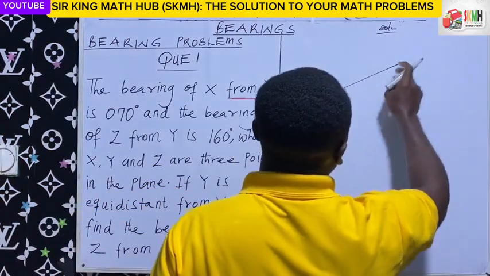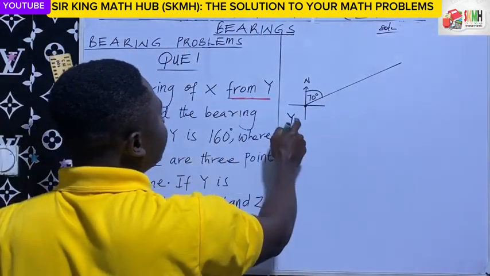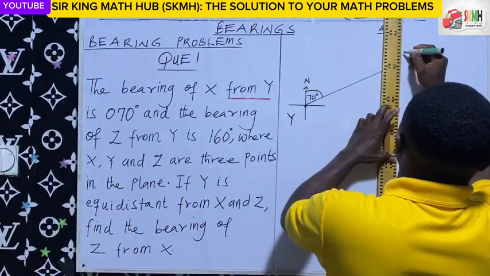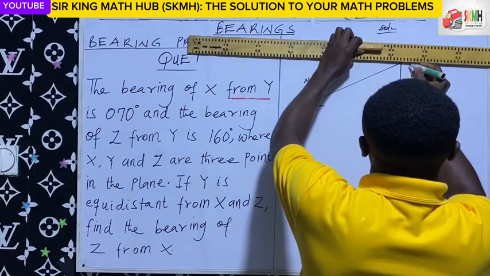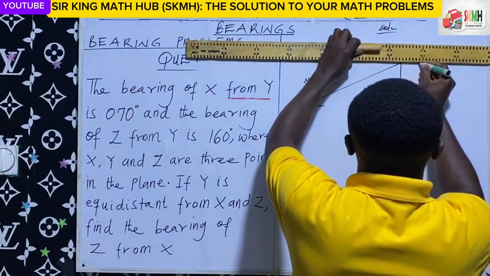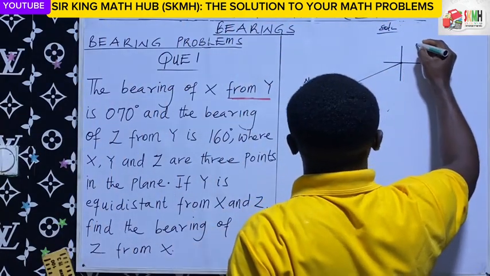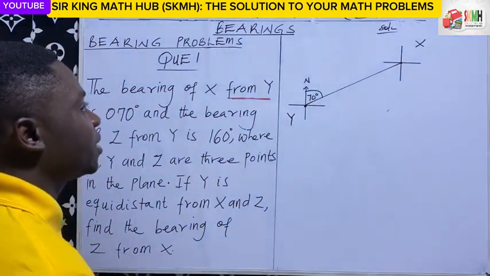Now, what point should be here? The bearing of x from y, so this point here will be x.